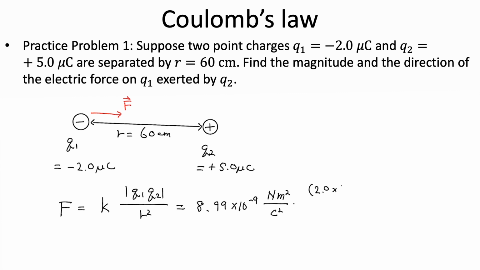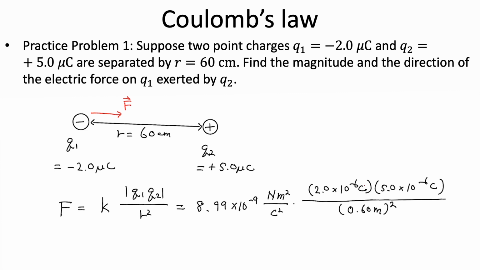Remembering that micro is 10 to the power of negative 6, we have 2 times 10 to the minus 6 coulombs times 5 times 10 to the minus 6 coulombs, divided by 60 centimeters squared, or 0.6 meters squared.